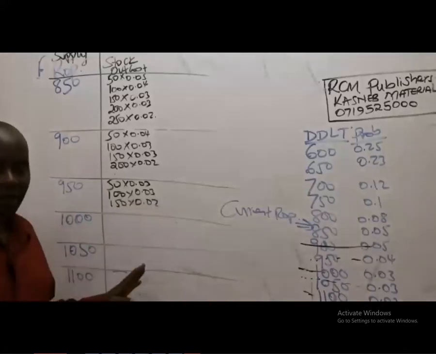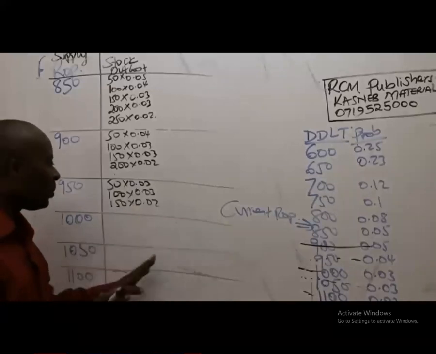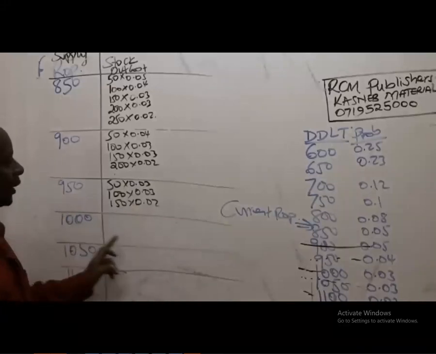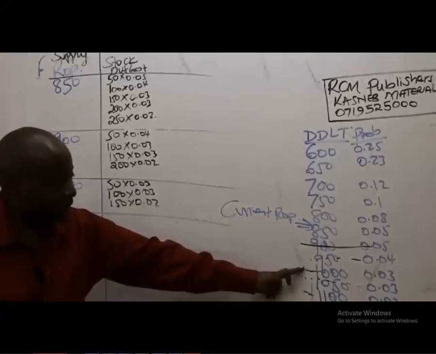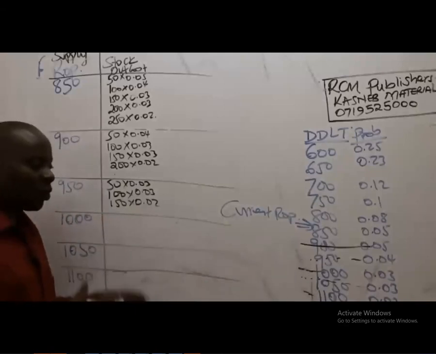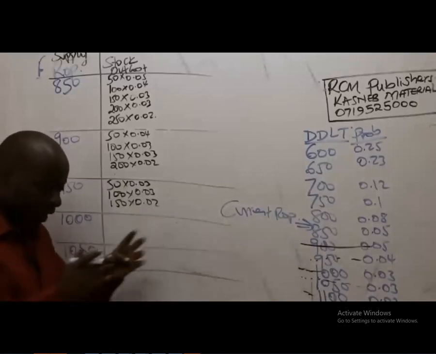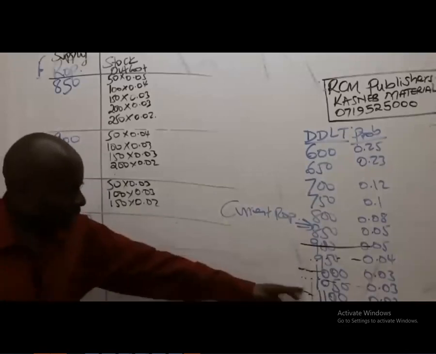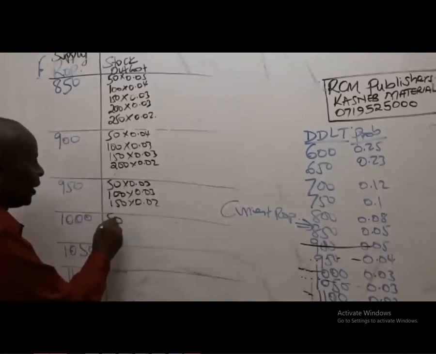Moving on, I'm almost completing. If we supply 1,000 here, I can only disappoint 50 if they come 1050. Remember, just like I've told you, it's forward ever, backward never. This elevation principle, always keep on moving forward. So if they come here, I'll disappoint 50 times 0.03.